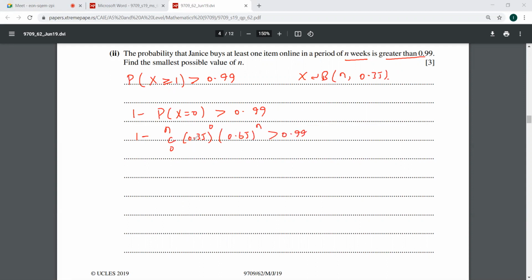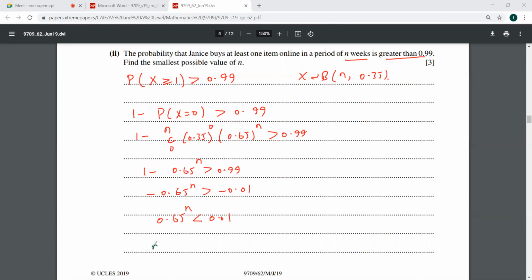nC0 is 1, 0.35 raised to power 0 is 1. So you have 1 minus 0.65 raised to power n is greater than 0.99. So minus 0.65 raised to power n is greater than minus 0.01. When you cancel the minus with the minus, the sign of inequality has to be reversed. And then you apply the natural log here.